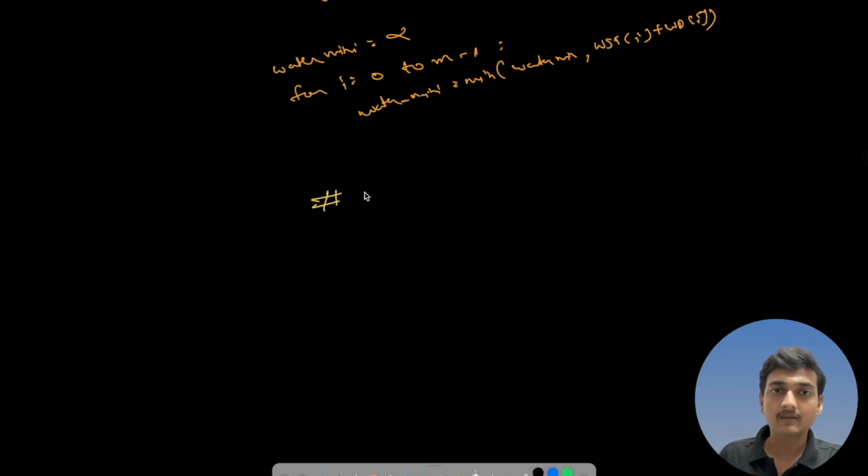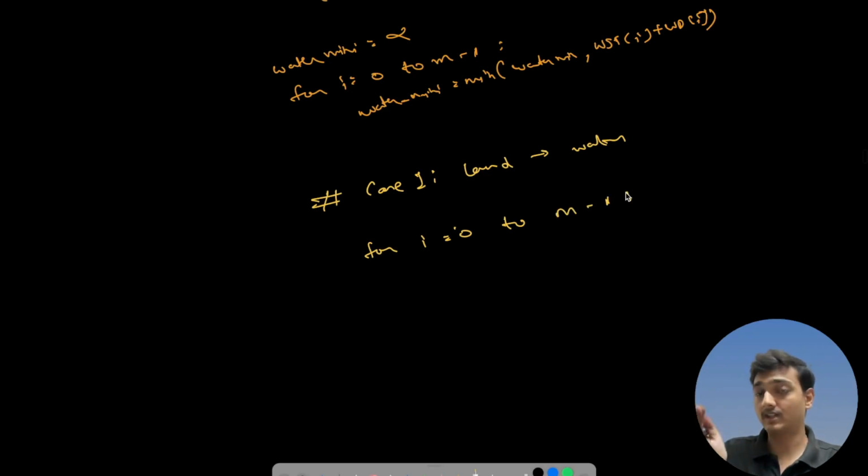So case one, where land then water. I know my land is this, so I will be iterating from i equal to 0 to m minus 1. I have to compare with every water ride. What I will be doing, I will first calculate the wait time. What is the wait time, if there is any?